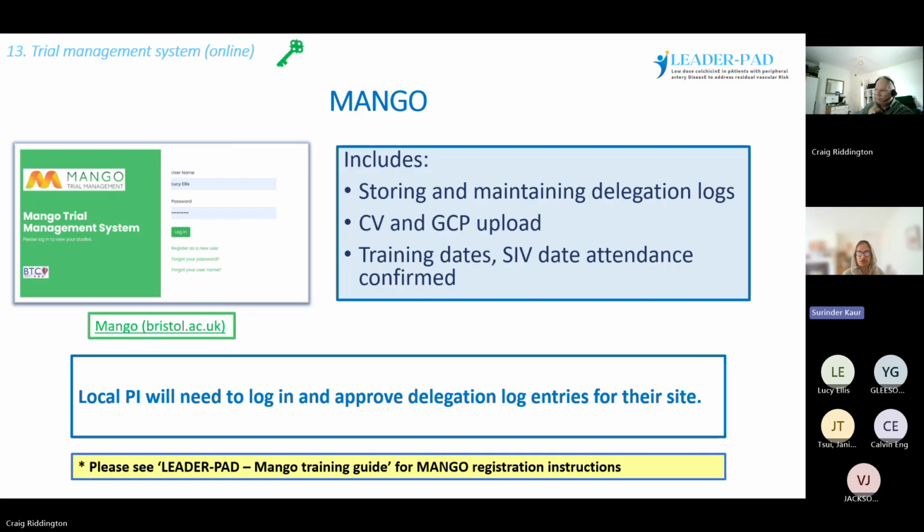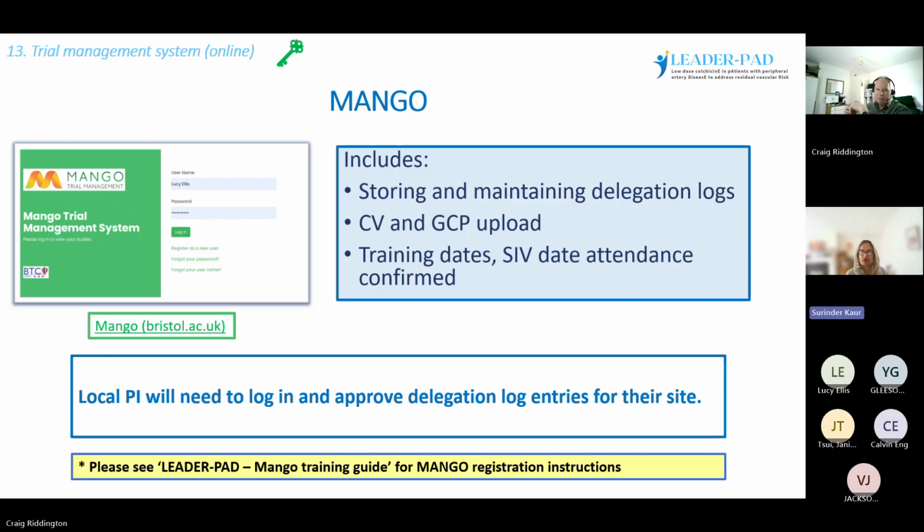It's an important principle of GCP, that's good clinical practice, that any staff conducting study activities are appropriately trained and qualified to do so. The delegation logs are a way of demonstrating this training, which is why they're so important. Any changes to the delegation log, including new members of staff or staff leaving, need to be authorized by the PI, the principal investigator. So we're using this in-house electronic delegation log called Mango.